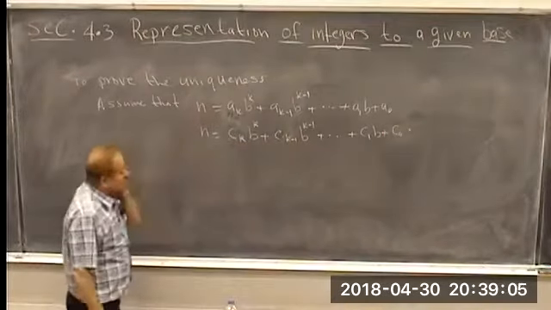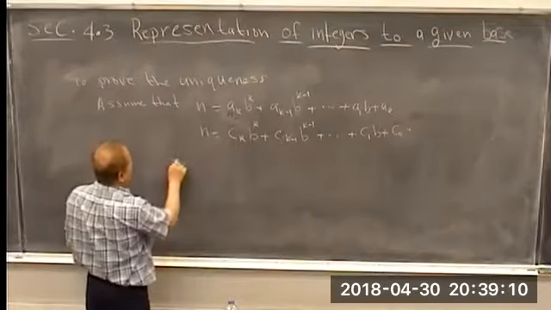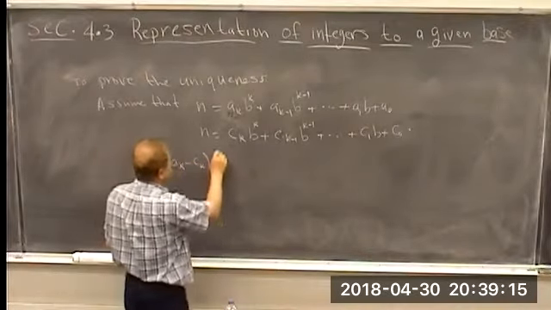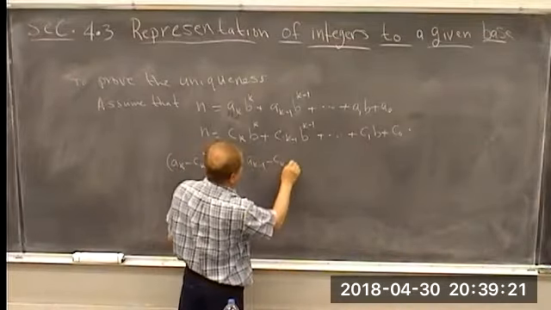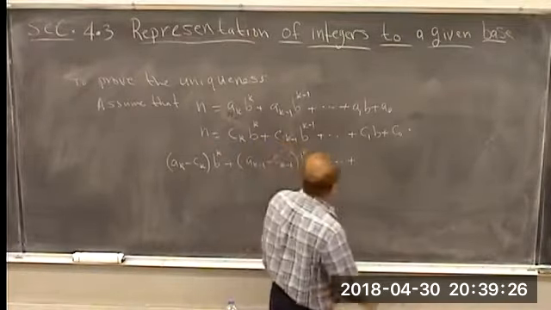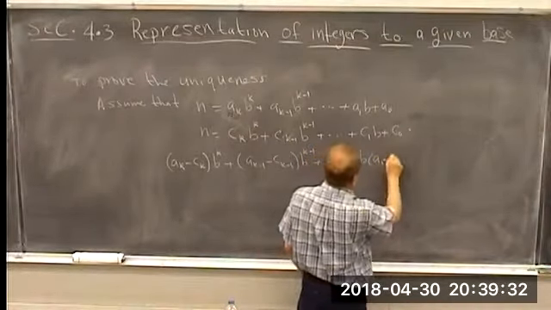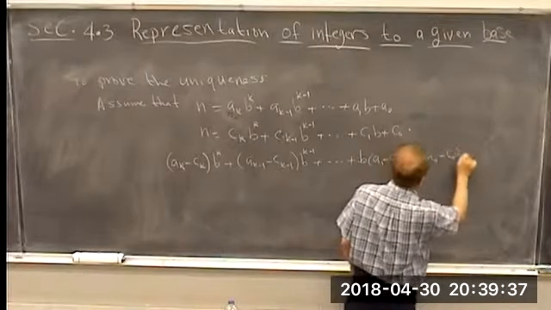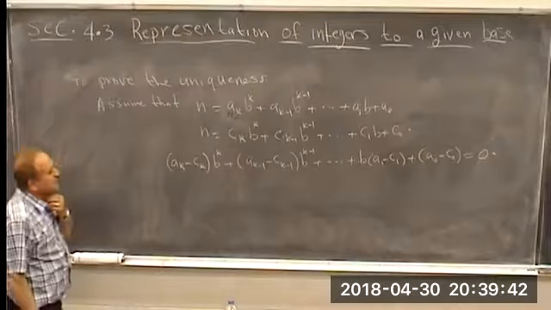So these both equal n, so I can set these equal to each other and subtract them out, term by term: a k minus 1 minus c k minus 1 times b to the k minus 1 and so on, and then b times a1 minus c1, plus finally a sub 0 minus c sub 0, and this is equal to 0.